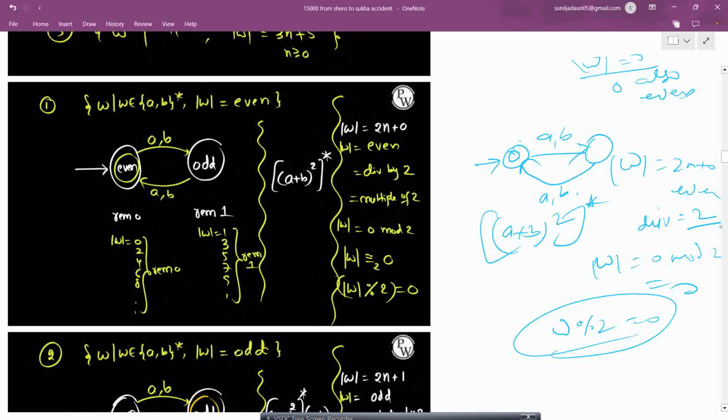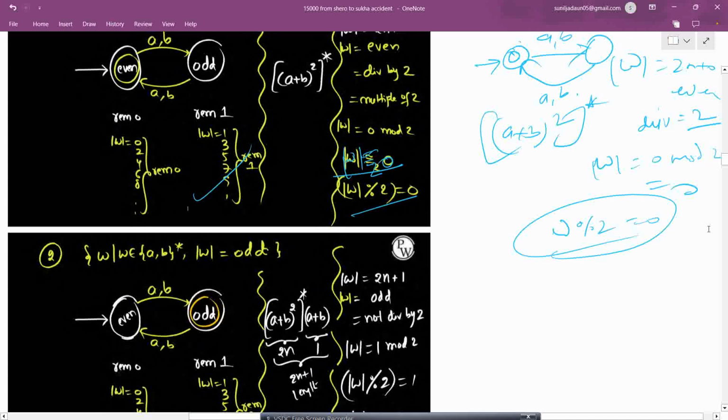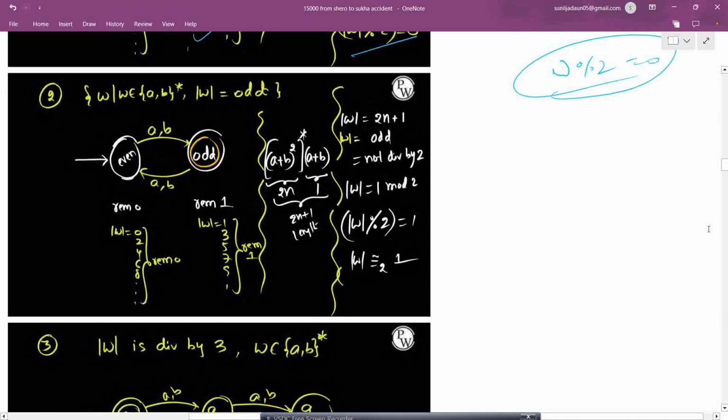We can express it in whatever way we find comfortable. W is equivalent to 0. So these are all the things, remainder 1 and all. If the remainder is 0, then accept, otherwise reject. Right?